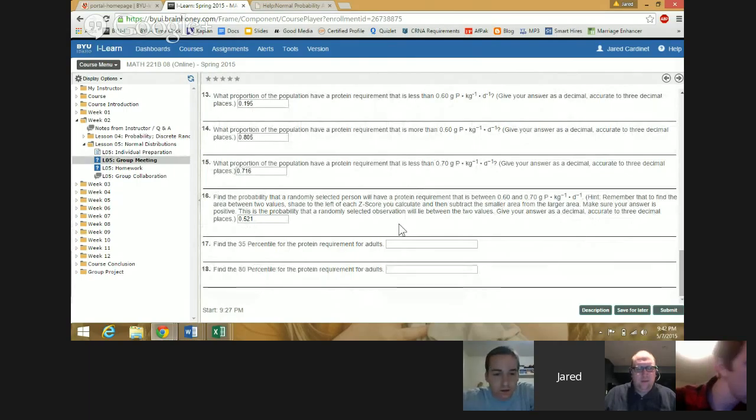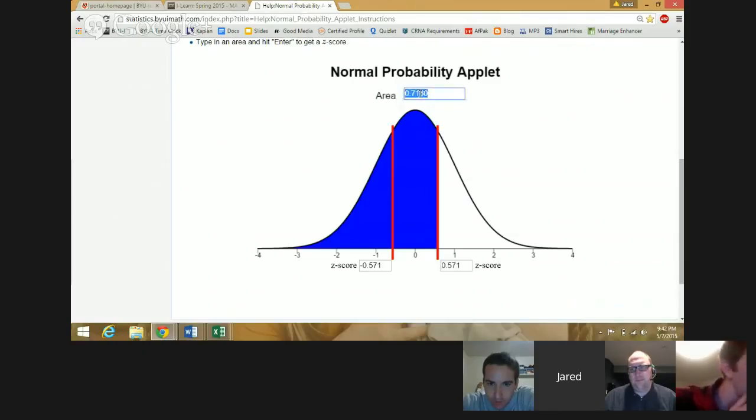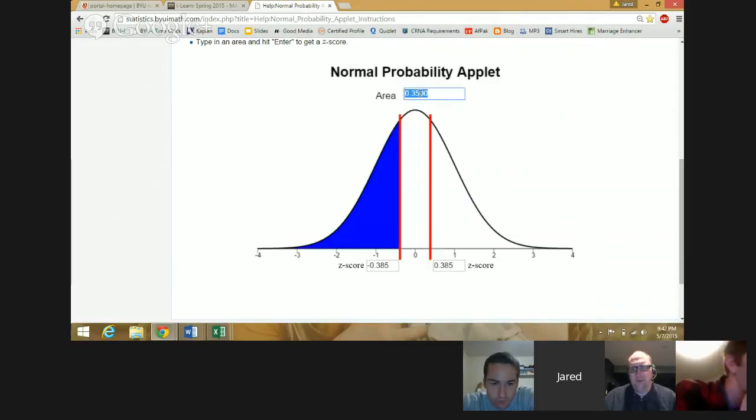Find the 35th percentile for the protein requirement for adults. So, 35th percentile, and my blue area is highlighted where it should be. And we're in the negative, so we use the negative z-score. I calculated that.